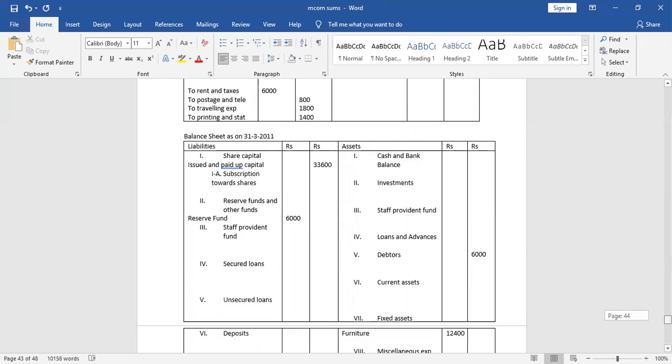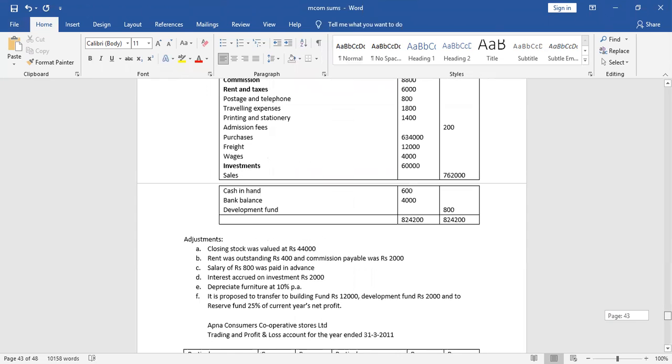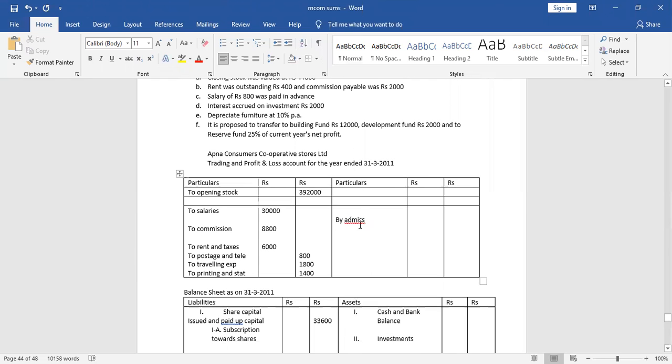Admission fees 200. So we will write here, by admission fees 200. So next one.